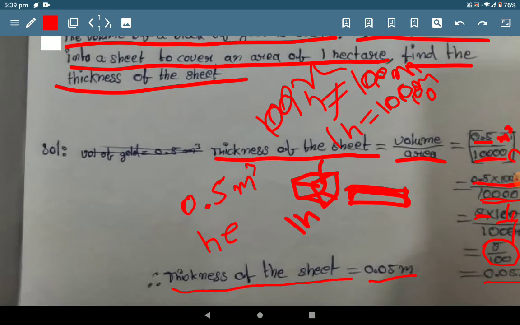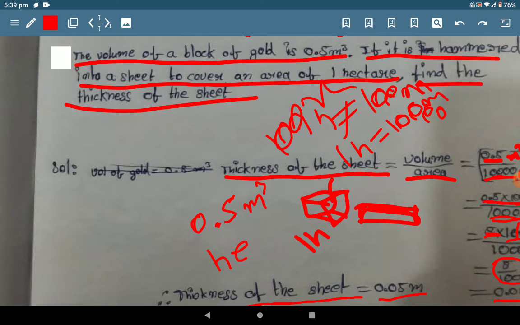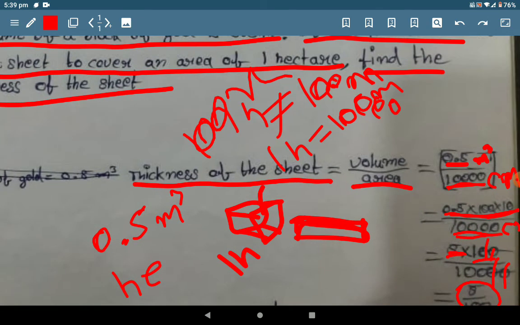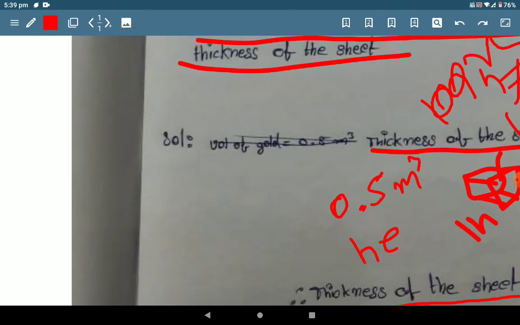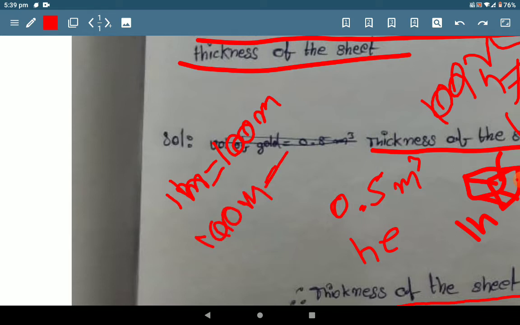So let's review this problem a bit because this might be a bit confusing because I messed up quite a few times. So 1 hectare is equal to 100 meters, and 100 meters is equal to 10,000 centimeters.